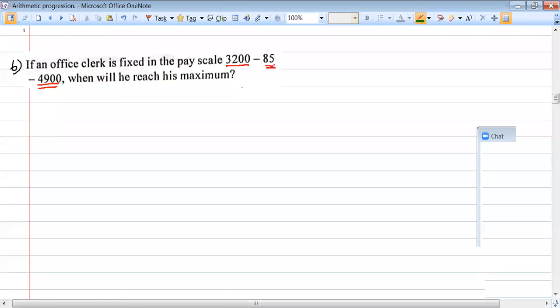So Sanjeevi is sending the answer as 20.